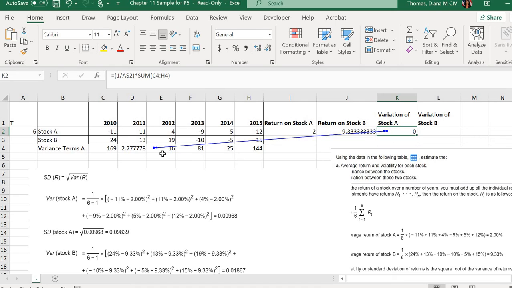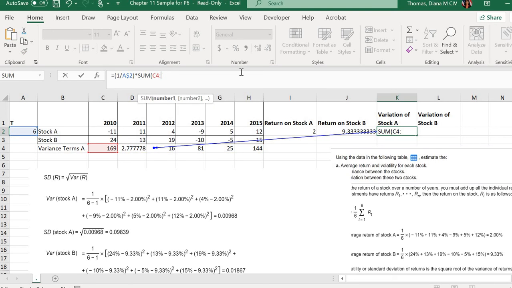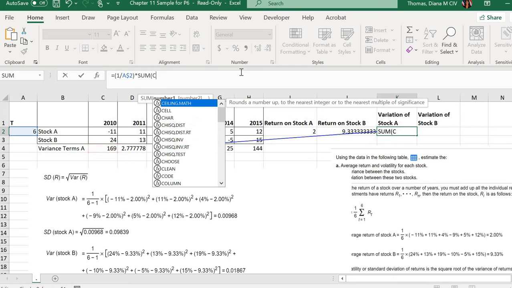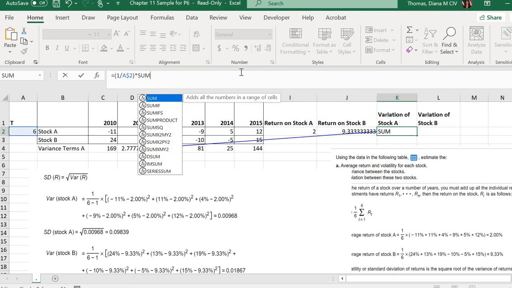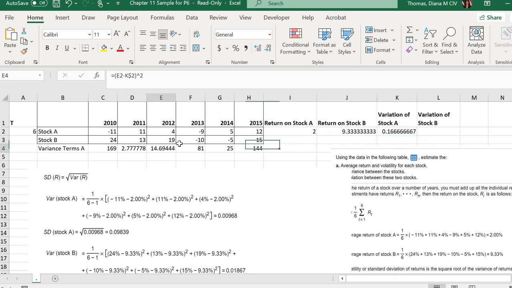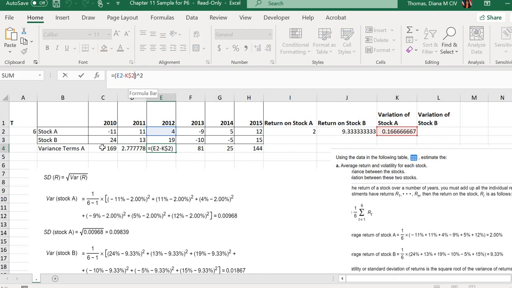It didn't like it. Why didn't it like it? Let me see what happened. Did I type something wrong? Oh yeah, I think I have to do this.